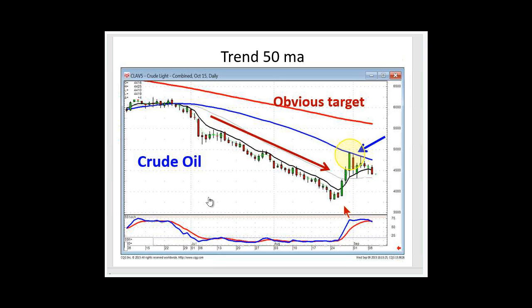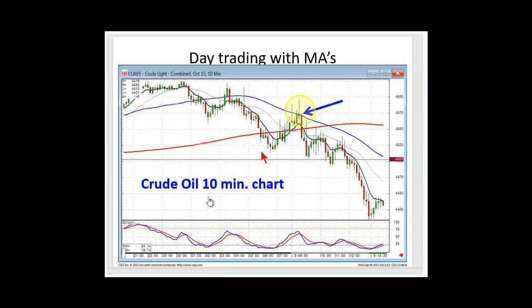If I'm trading a downtrend and they come up and they fail right at the 50-day moving average, what can I assume? The downtrend is still in progress. Anytime you bounce up, no matter on what time frame, you can see what type of signal is occurring at what level everybody else is watching.